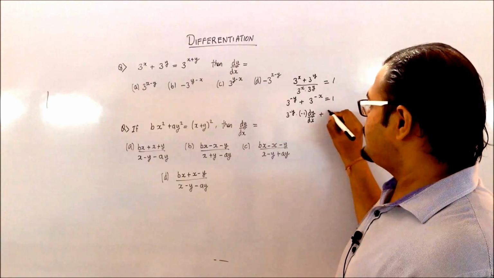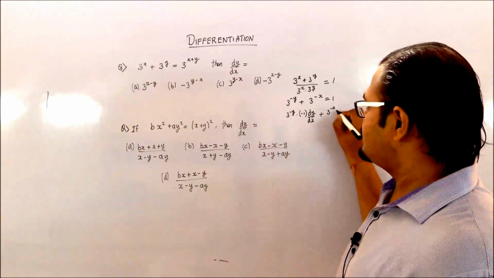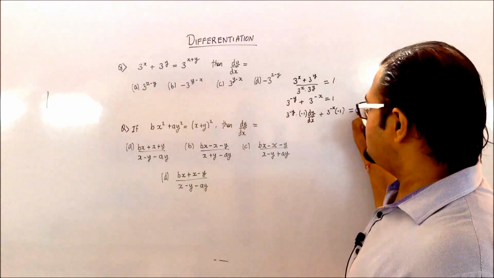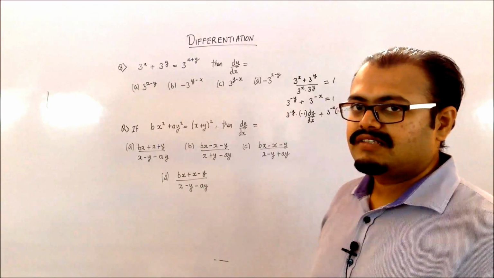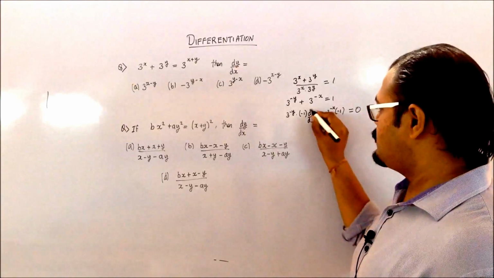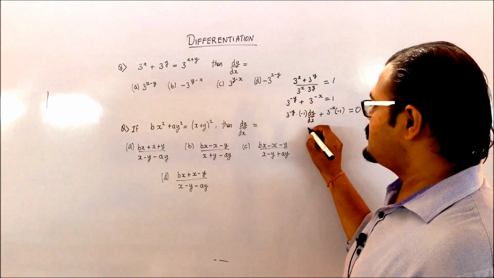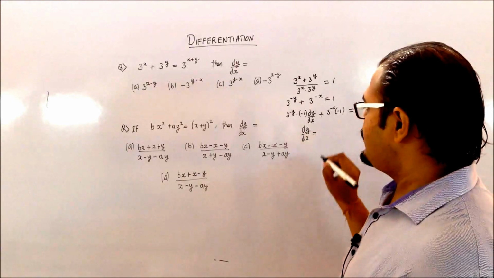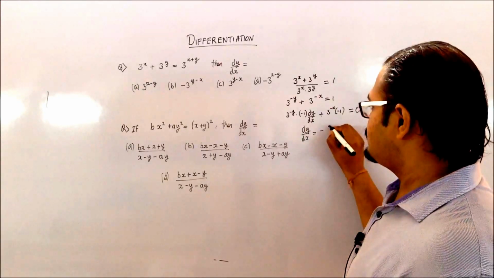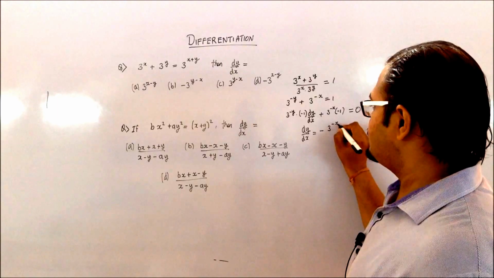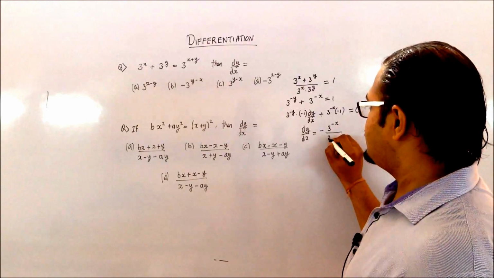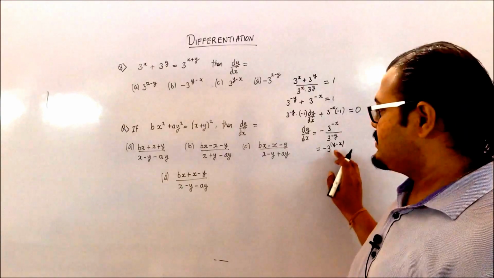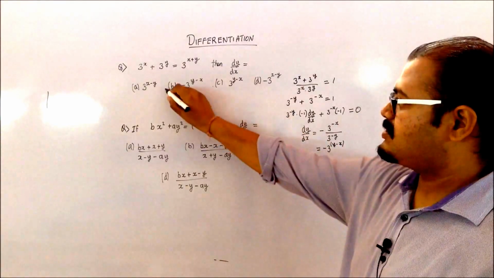Plus this will be 3 raised to minus x into minus 1 into nothing is equal to 0. So you want dy by dx, so my dy by dx will be equal to minus of 3 raised to minus x divided by 3 raised to minus y. So I will get the answer as minus 3 raised to y minus x, which is your option B.